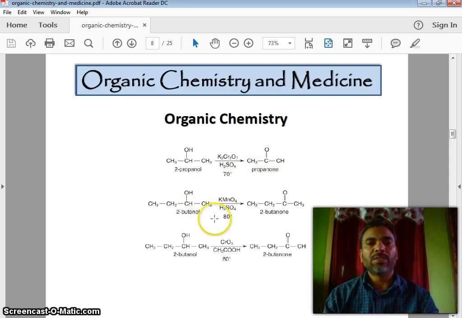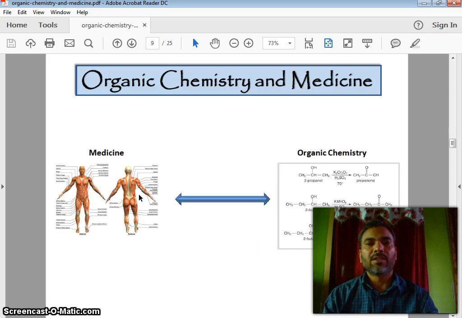If you have 2-butanol, it undergoes oxidation in the presence of KMnO4 and sulfuric acid at 80 degrees Celsius, and in the same way in the presence of chromic oxide and acetic acid, you will get this. So, medicine and organic chemistry. Here chemistry, here medicine.